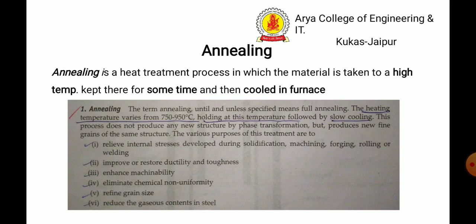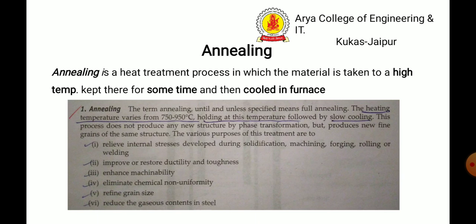The first one is annealing. In this, the temperature varies from 750 to 950 degrees centigrade, holding at this temperature, and then slow cooling. Slow cooling means there is no use of a furnace or any type of blower.